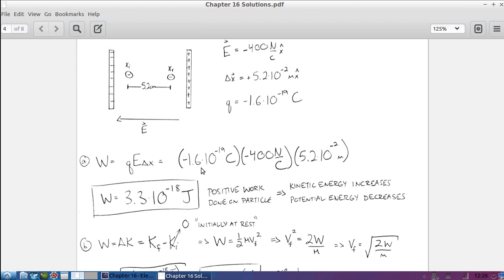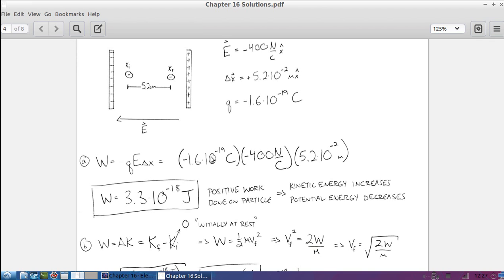So I plug these values in. I'm not dealing with the cosine of theta right now, because the electric field is either opposite the displacement or in the same direction. In this case I see that the electric field is in the opposite direction of the displacement, but my charge is negative.